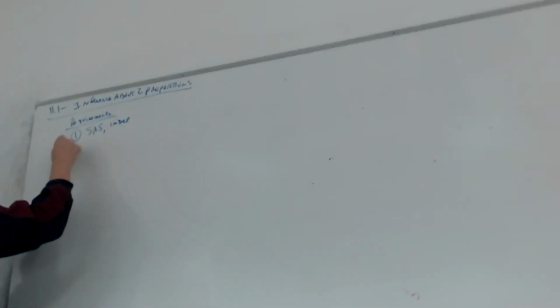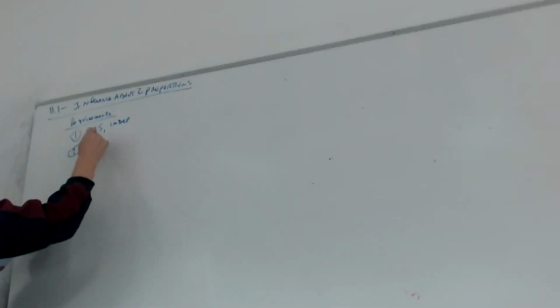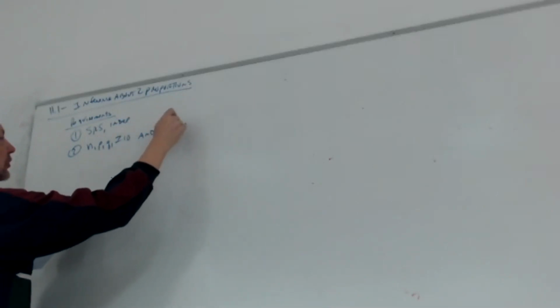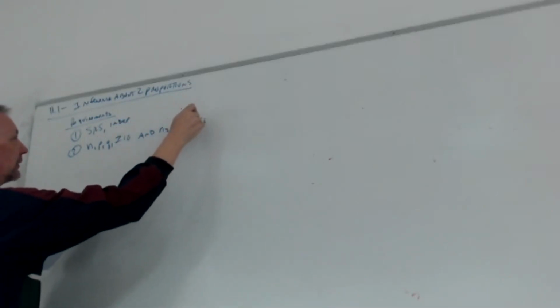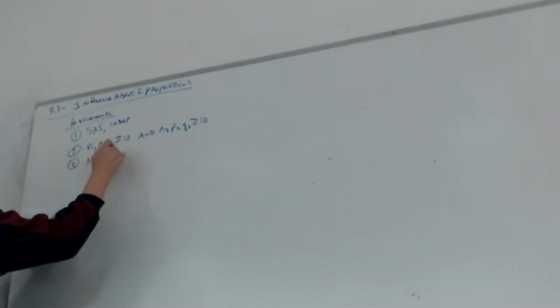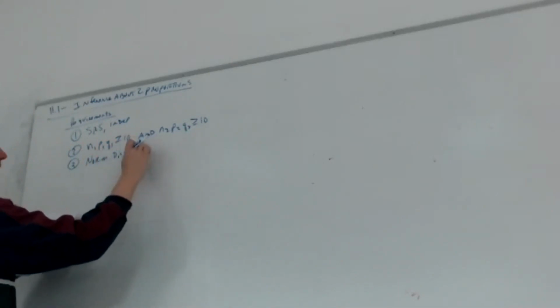Number two, n1 p1 q1 has to be greater than or equal to 10, and n2 p2 q2 has to be greater than or equal to 10. And rule number three, we are assuming it's normally distributed with no outliers.